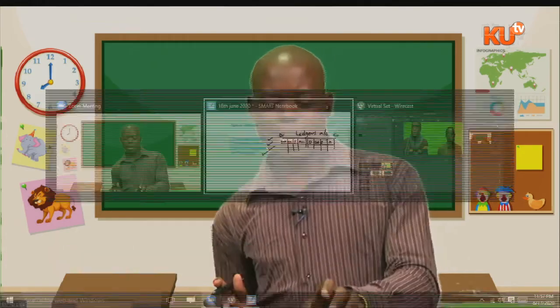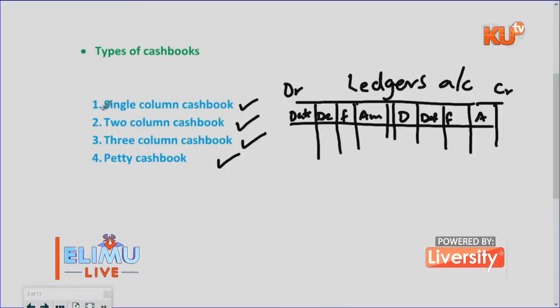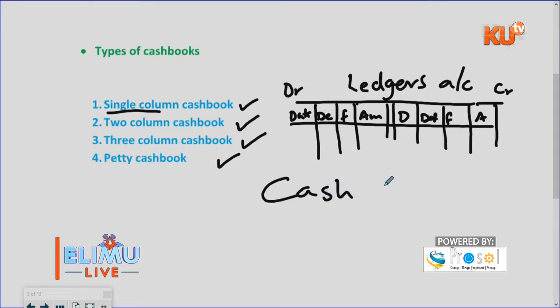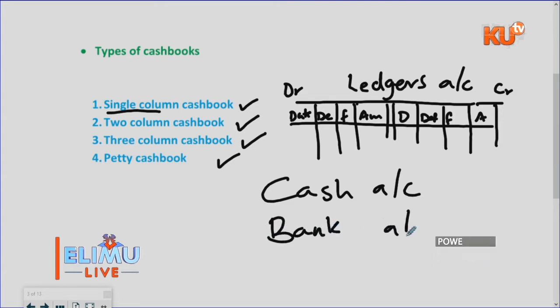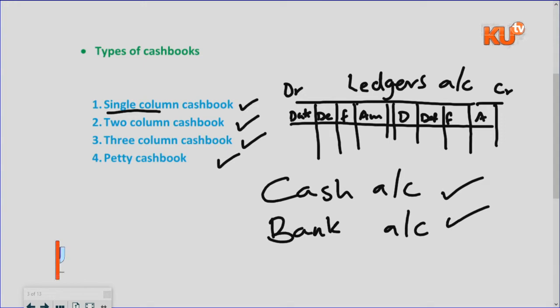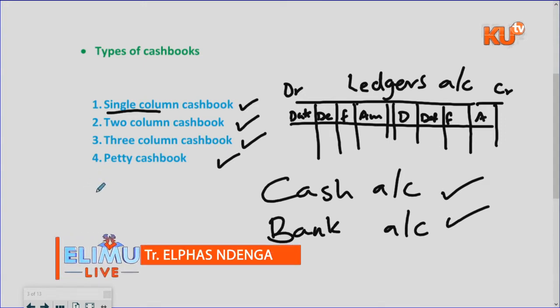So when we look at the single column cash book, we are only going to look at two things: the preparation of the cash account and the preparation of the bank account. But since these were covered in the ledgers, we are not going to do much on them. That's why we will focus on the two-column cash book for this lesson.